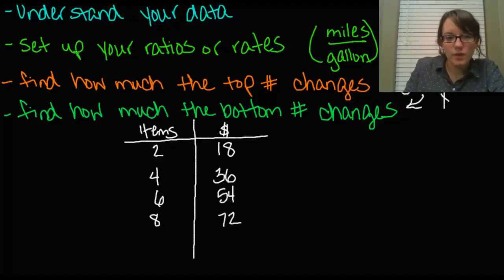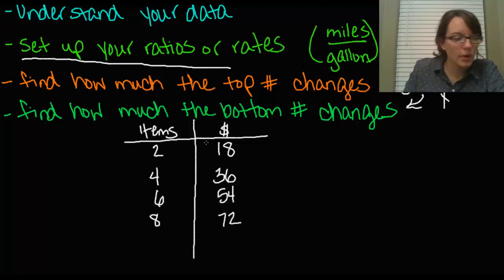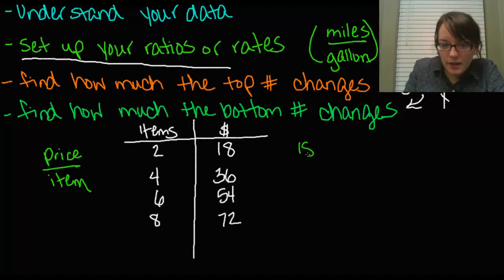Now, what you're going to do, set up your ratios or rates. I'm doing price per item. That's generally how you would do this. So I would do 18 over 2.